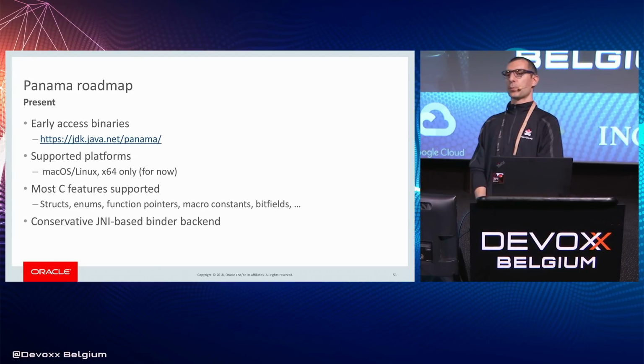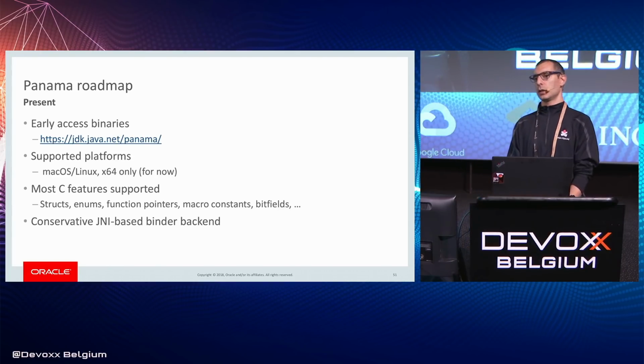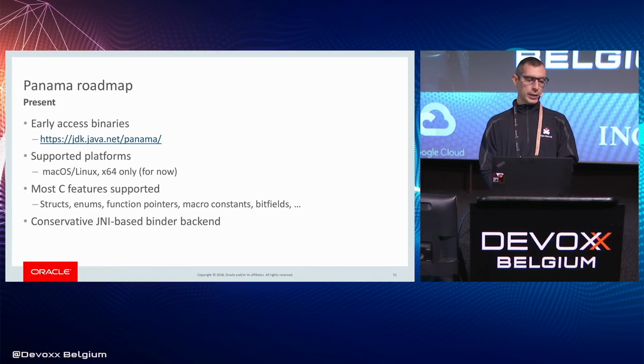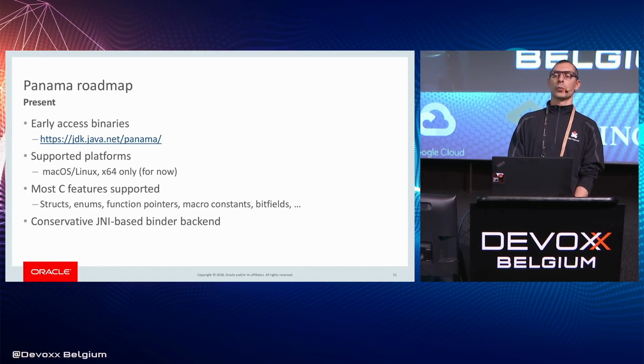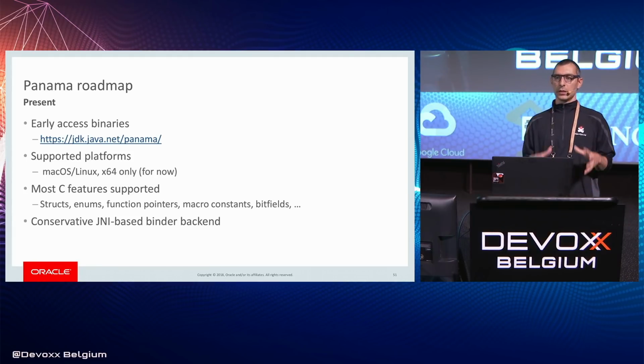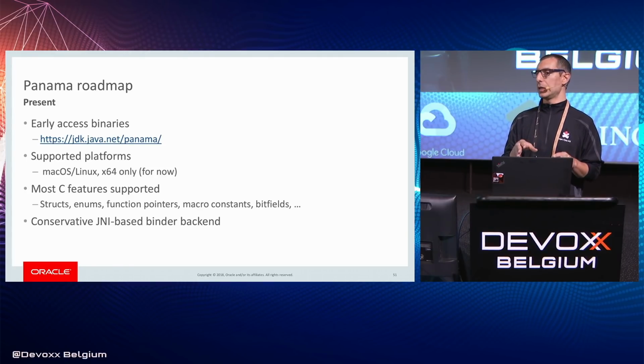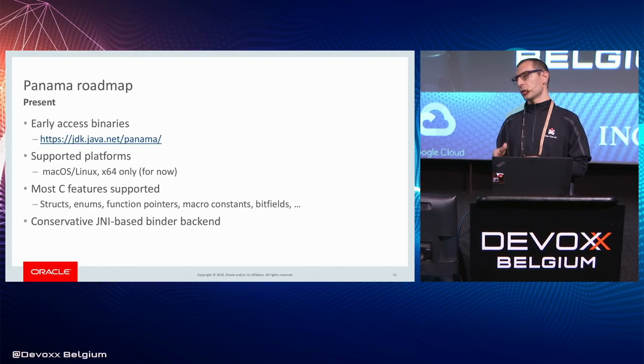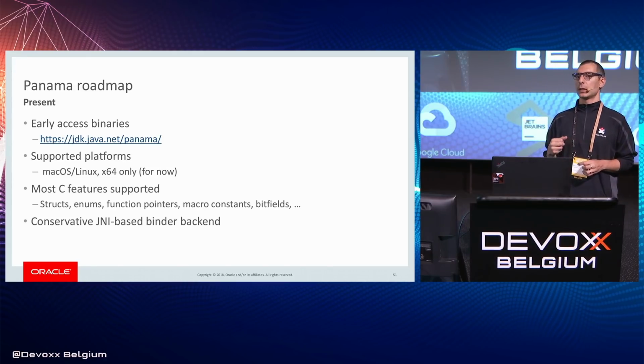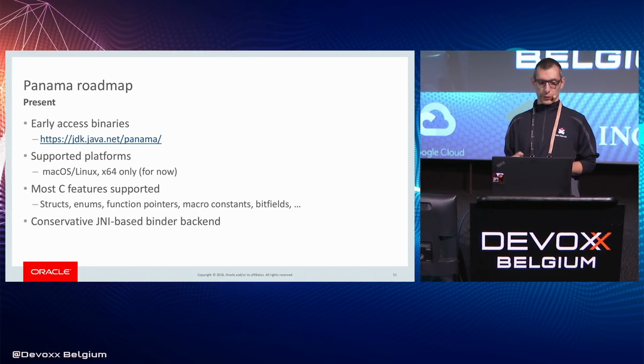So I would say it's pretty mature support for C features. Jextract needs a little bit of work. We need to improve the usability of the jextract tool. And this is all based on the conservative JNI backend that I showed you earlier. So this is not using the link to native approach because that's not stable yet, but we plan to make it available very soon.